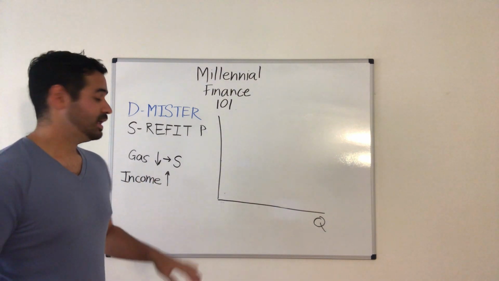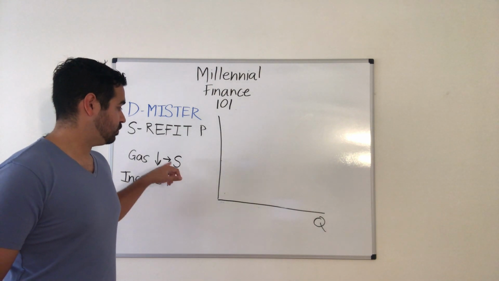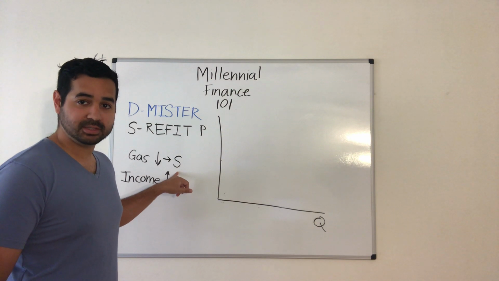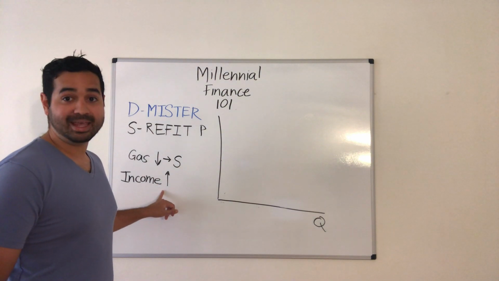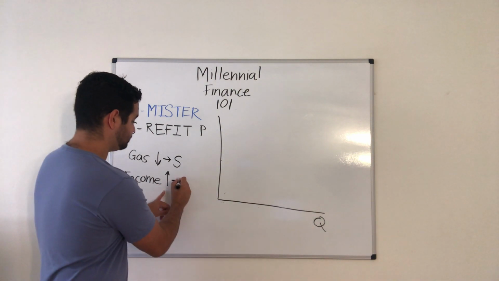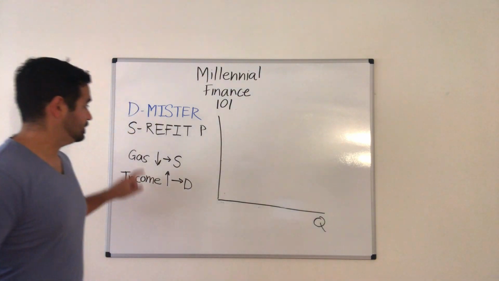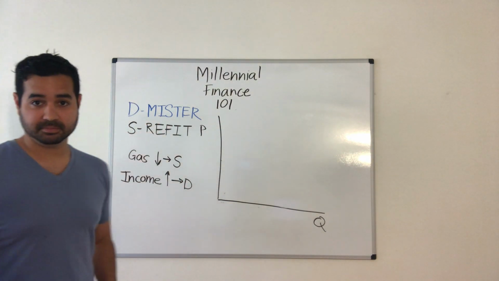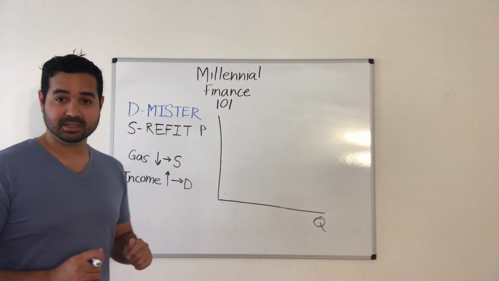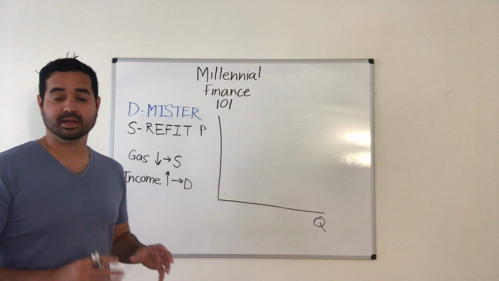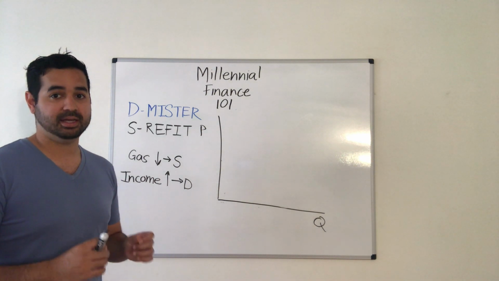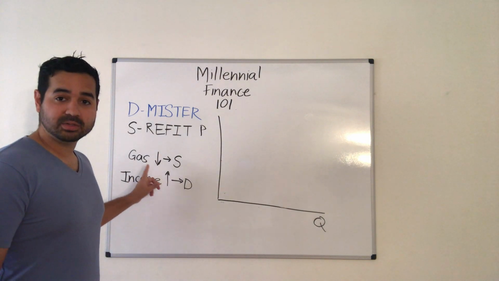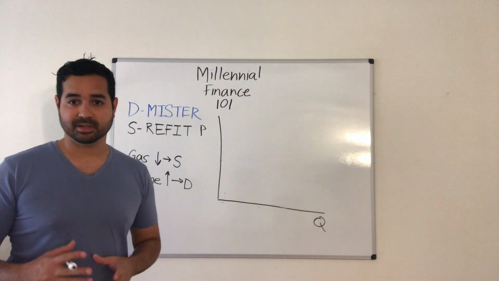Good. Now, before we figure out whether or not this increases supply or decreases supply, let's just attribute income to demand. And we know this again because the I in Mr. stands for income. Good. So let's look at these individual changes and see whether or not it increases or decreases supply and demand. A decrease in gasoline, now let's try and think about this for a second.